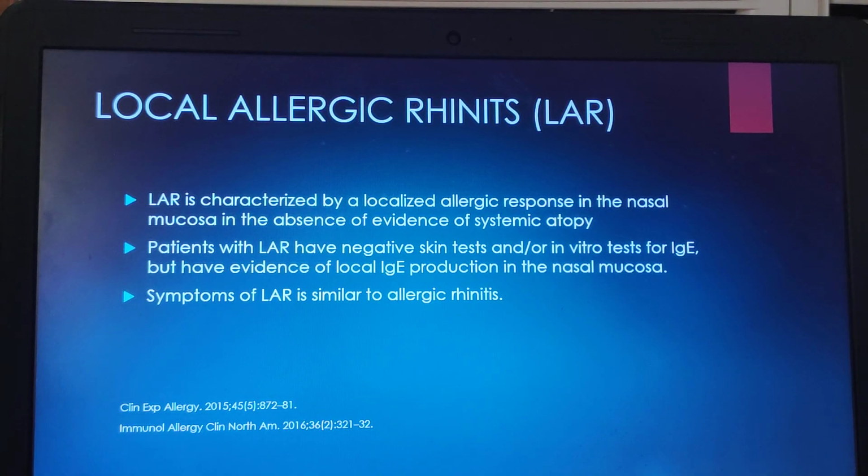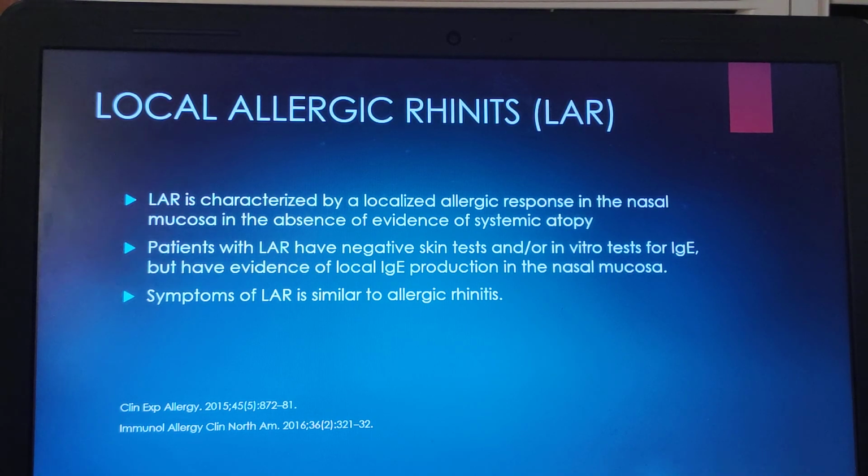Then another subtype of allergic rhinitis is known as local allergic rhinitis. Local allergic rhinitis is characterized by a localized response or localized symptoms in the nose, and it is an allergic response which is only limited to the nasal mucosa.